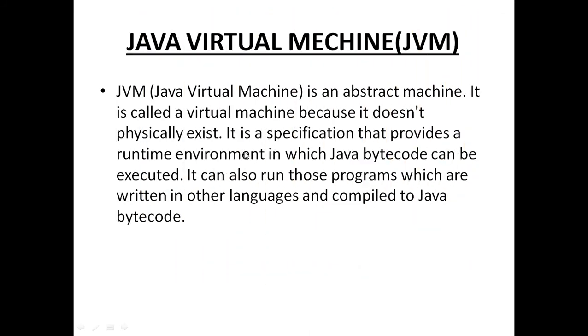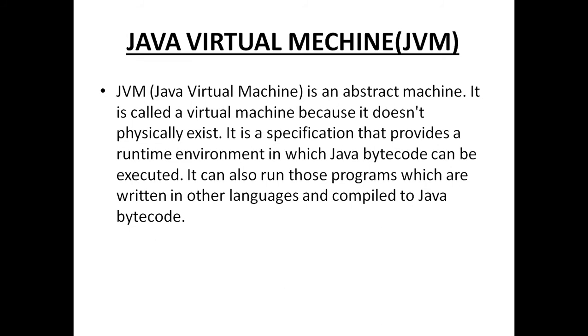Java Virtual Machine, JVM. It is an abstract machine. That means it is hiding. It is called a virtual machine. It is virtual, that means online. It does not have a physical existence. It cannot be seen.